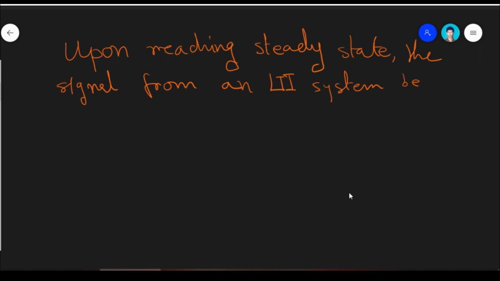An LTI system. The obvious question is, when will we reach steady state?